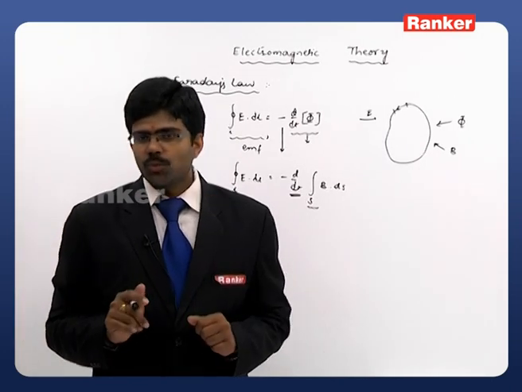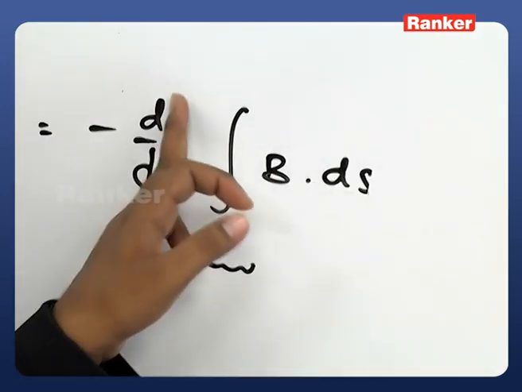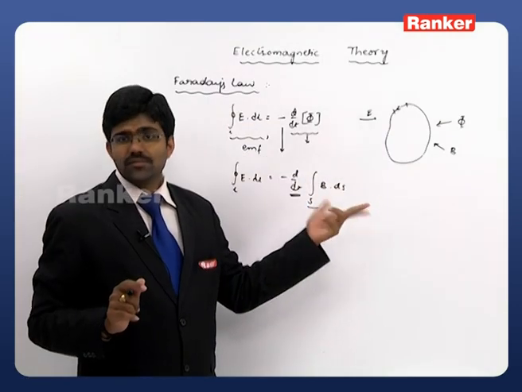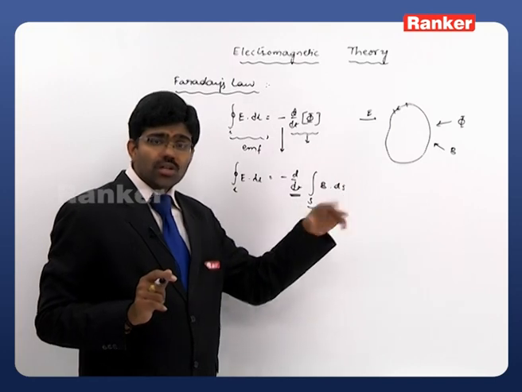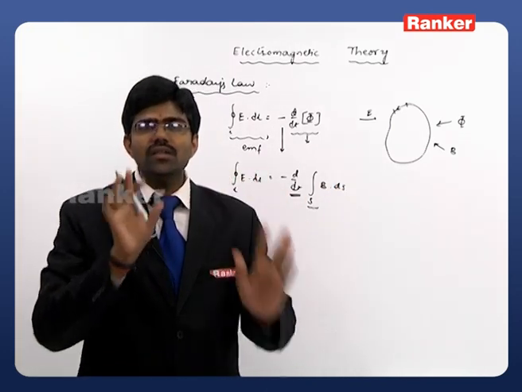That is one condition we are supposed to remember. Or if S is time varying, we can apply this d by dt operator on S also, and B can be kept constant. Or B and ds both are time varying, so we can apply the d by dt operator on B dot ds.